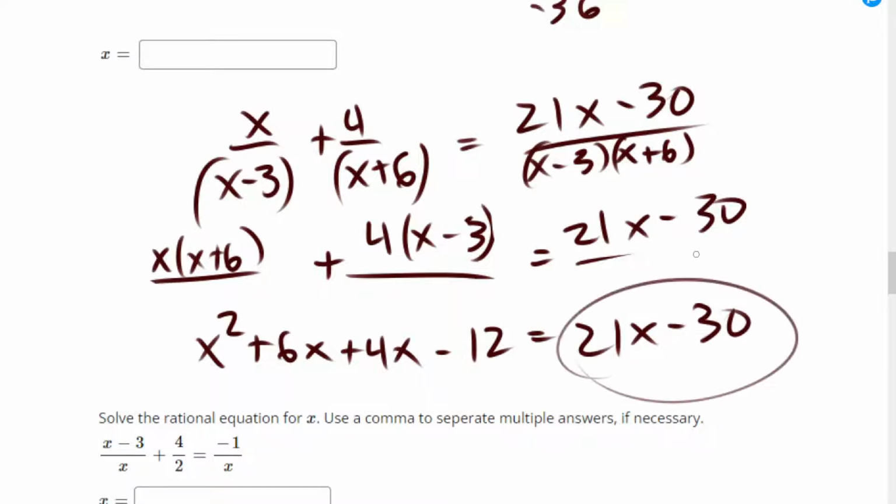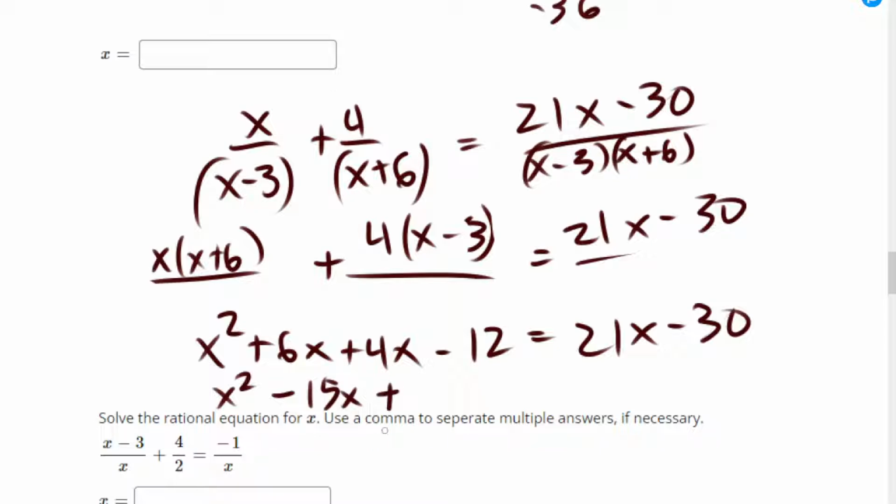We're going to move these over, so we have x squared minus 15x, this should be 10. So 21 minus 10 is negative, okay, we'll have -11x, and then plus 18.